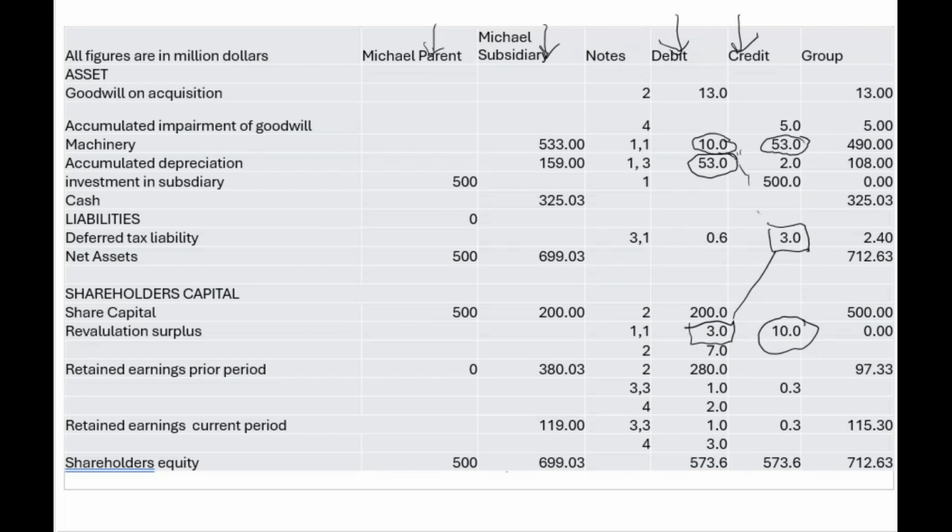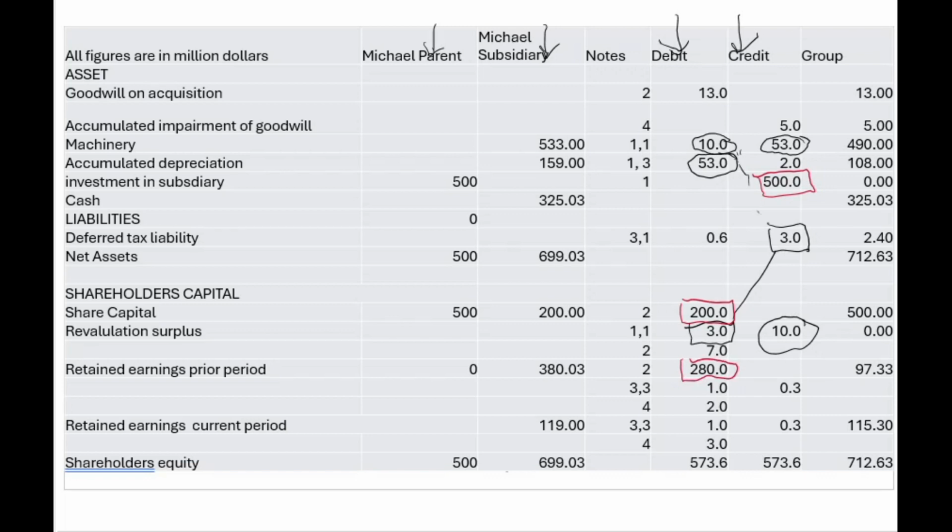Our second entry is to eliminate the investment in subsidiary against the shareholders' equity that was acquired on that date in Michael subsidiary. So 500 we credit. We debit against share capital at the date of acquisition 200, and we debit against the retained earnings at the date of acquisition 280.